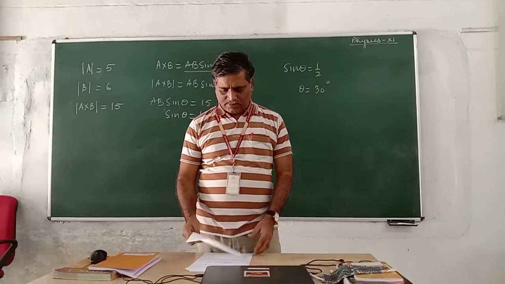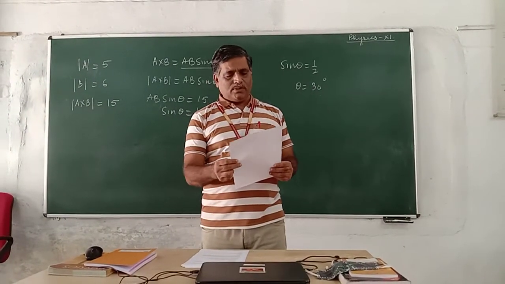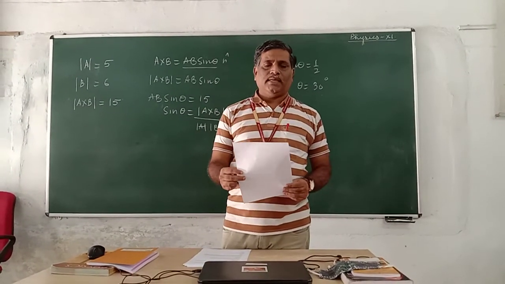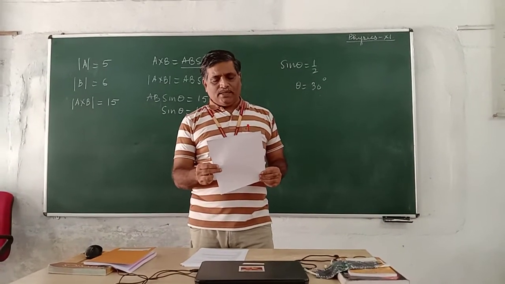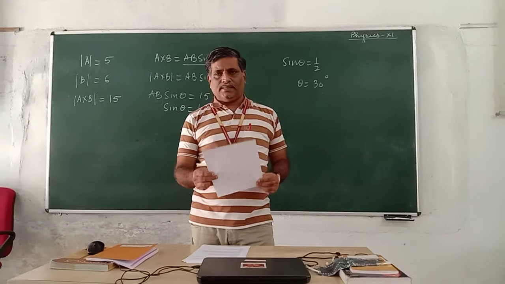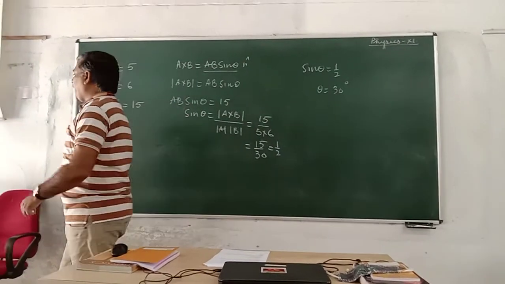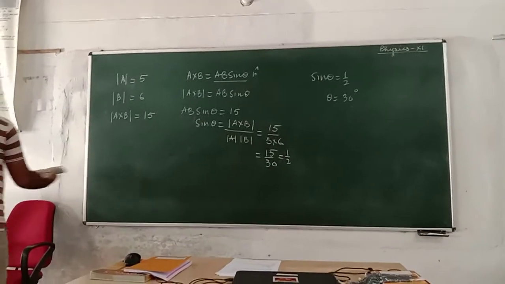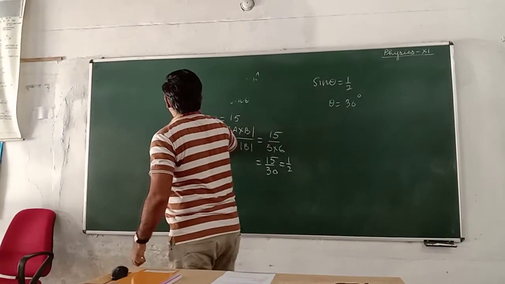Next question. Question number 25. If A is equal to i plus 2k and B is equal to j minus k, then A cross B is equal to. Two vectors are given, A is equal to and B is equal to, and A cross B is asked.